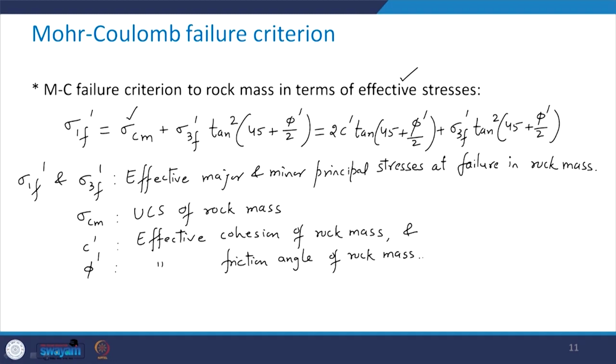So this is how the Mohr-Coulomb failure criterion for the rock mass in terms of effective stresses can be written.